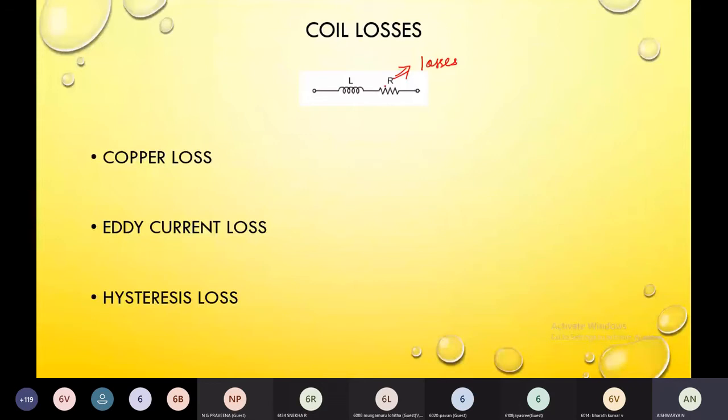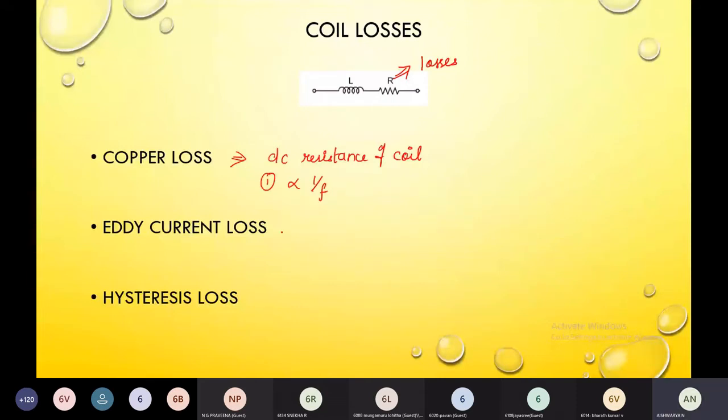Okay, and based on this, we have 3 types of losses. One is copper loss, second one is eddy current loss, and third one is hysteresis loss. This copper loss is mainly due to the DC resistance of the coil, and this loss is inversely proportional to your frequency.